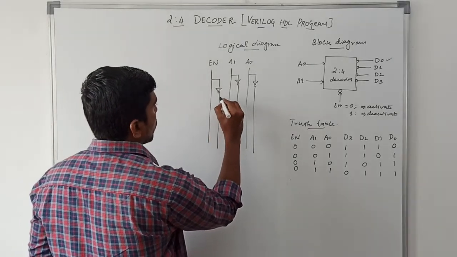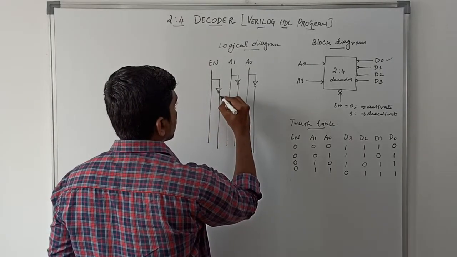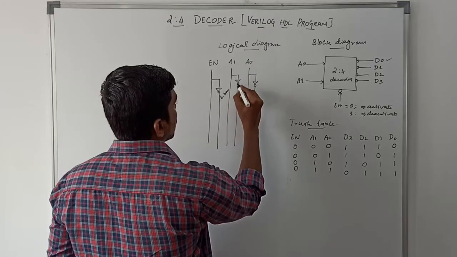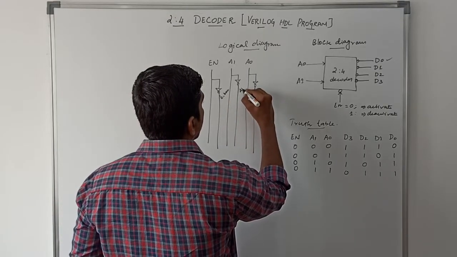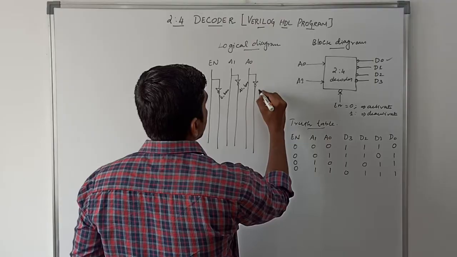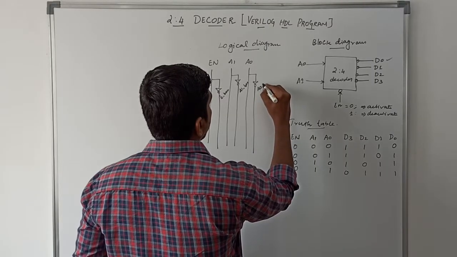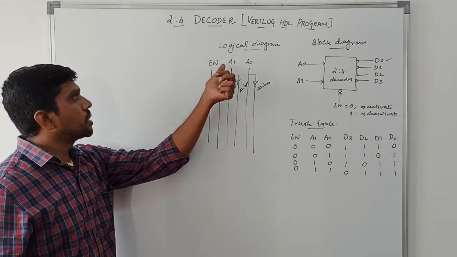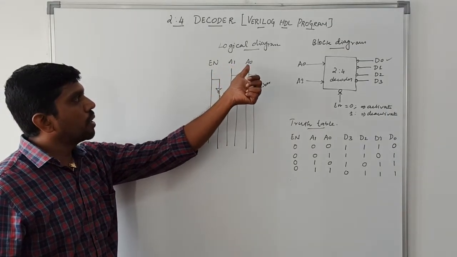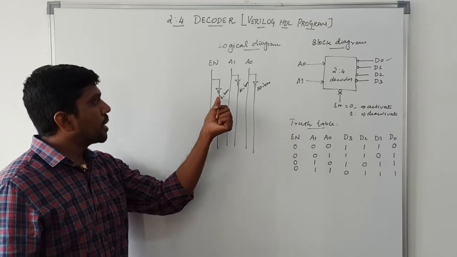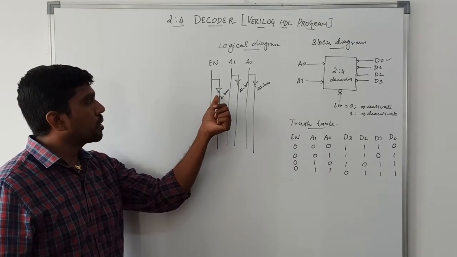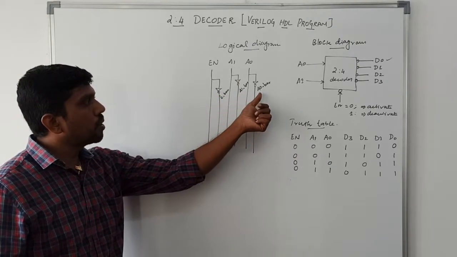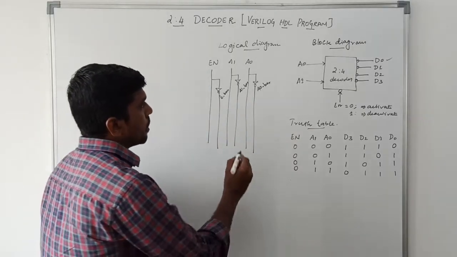This one is called enable bar, E bar. This one is called A1 bar. This one is called A0 bar. The inputs of the logical diagram are enable, A1, A0. After getting the complement from the NOT gates, we have E bar, A1 bar and A0 bar.